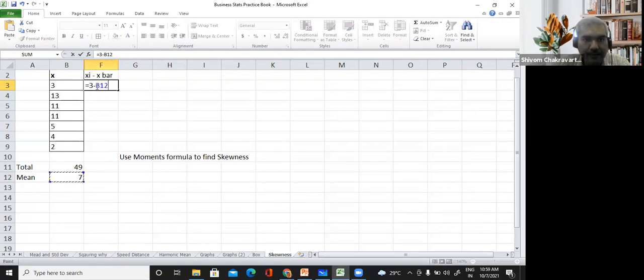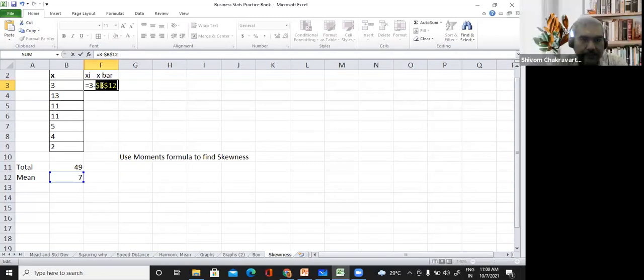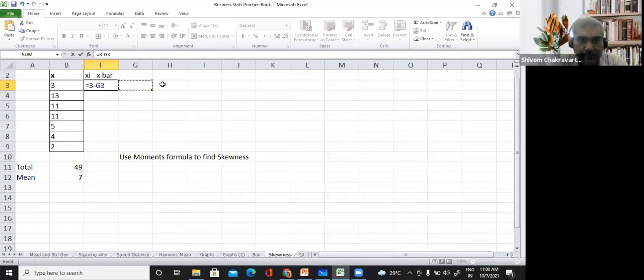If you want, you can write 7, or you can just click on the cell reference. One thing you have to be careful about in Excel is that you have to fix this. Click before the reference and press F4. The dollar sign appears, and now this number is fixed.